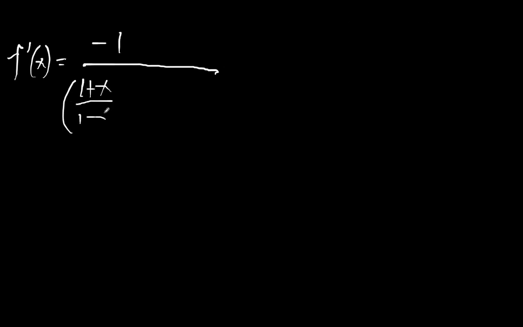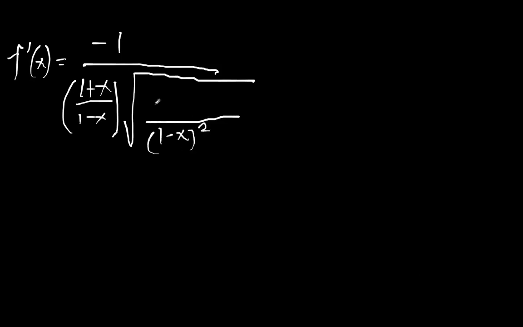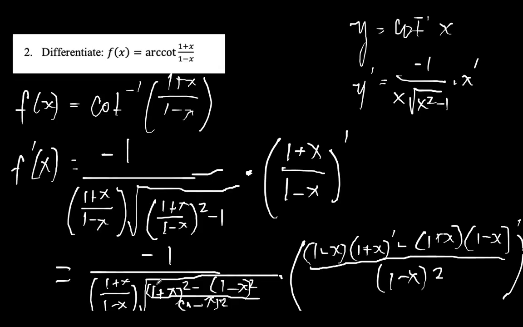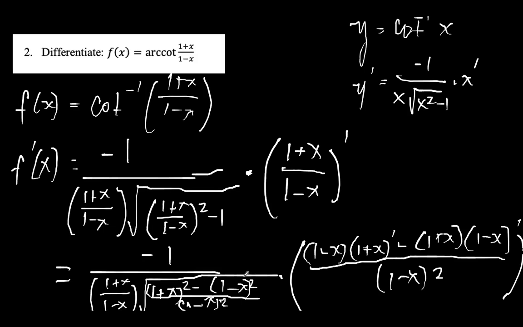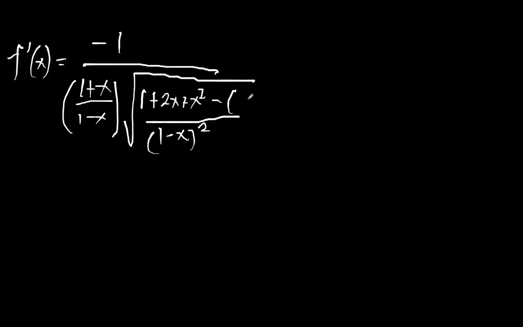So f prime of x is equal to negative 1 over (1 plus x) (1 minus x) times the square root of, this is 1 minus x squared, and this is (1 plus x) squared, that's 1 plus 2x plus x squared, minus (1 minus x) squared, that's 1 minus 2x plus x squared.